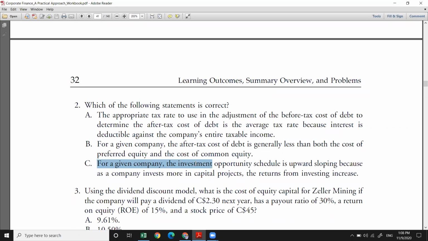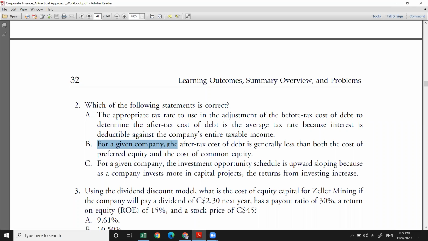For a given company, the investment opportunity schedule is upward sloping because the company invests more in capital projects, so the return from the investment increases. So which of the following statements is correct?